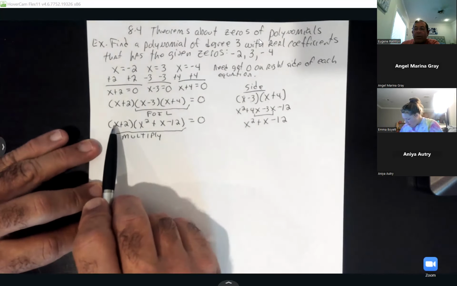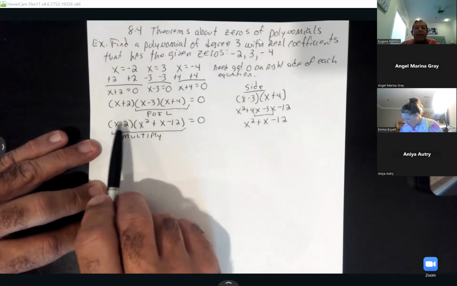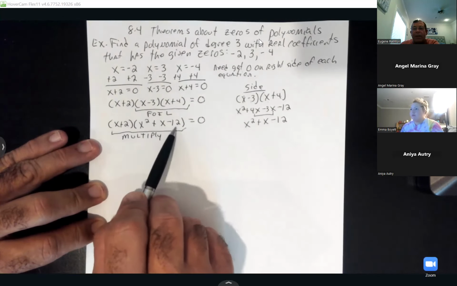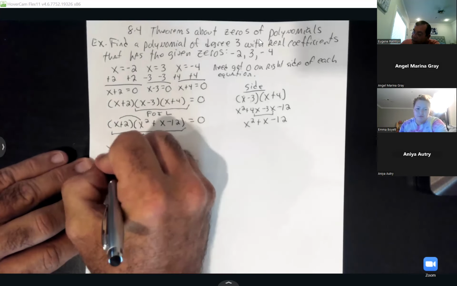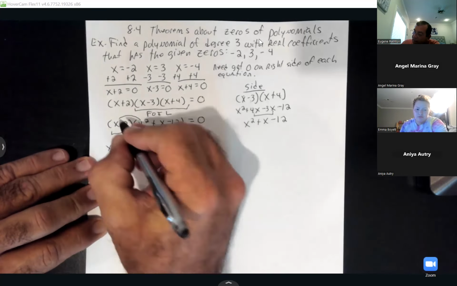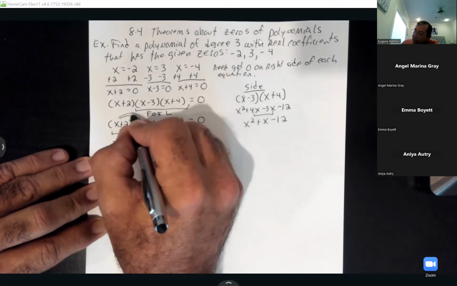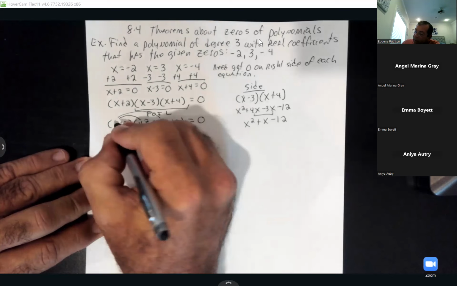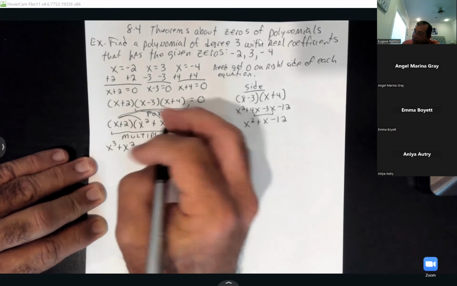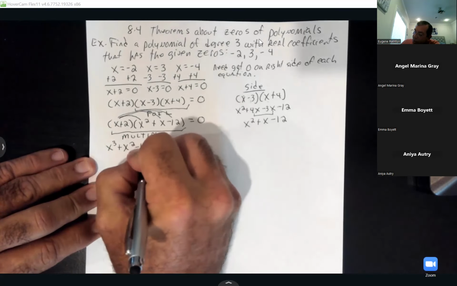So the first thing we do, we're going to take this x and multiply by all three of these in the second parentheses. So the x times x squared gives me an x to the third. X times x gives me an x squared. The x times negative 12 gives me a negative 12x.